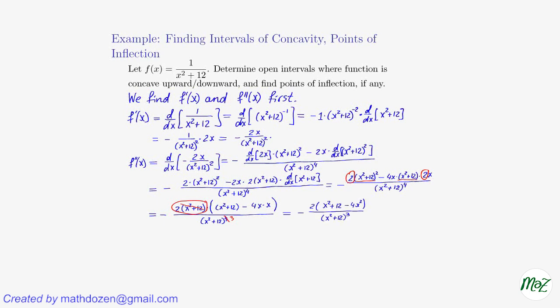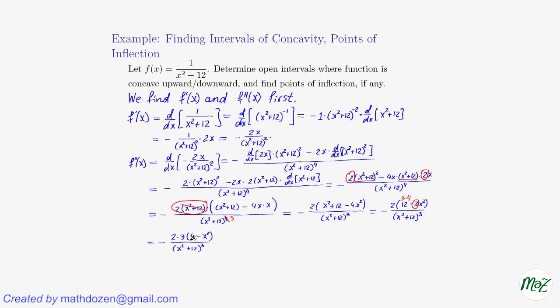And we end up with this expression, which after combining like terms gives us negative of 2 times 12 minus 3x squared in the numerator, and x squared plus 12 to the third power in the denominator. Then we take 3 out of the numerator expression. There is 3 here, and this 12 is 3 times 4.